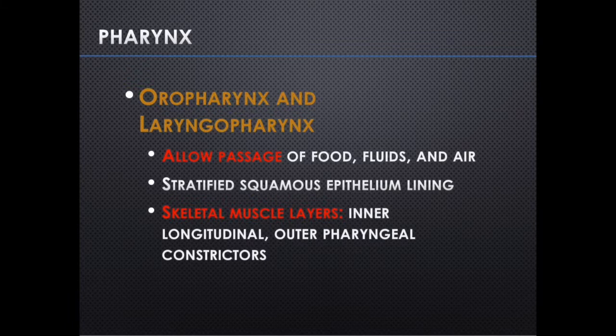If you remember, what are the 4 layers of the wall of the gastrointestinal tract? We did have the innermost layer, this was my mucosa. And then to the outside of the mucosa, we're going to have the submucosa.